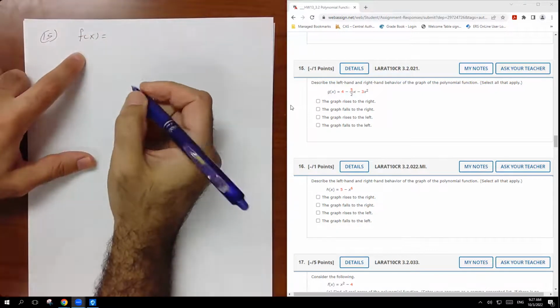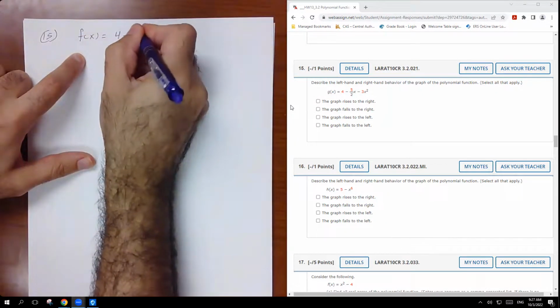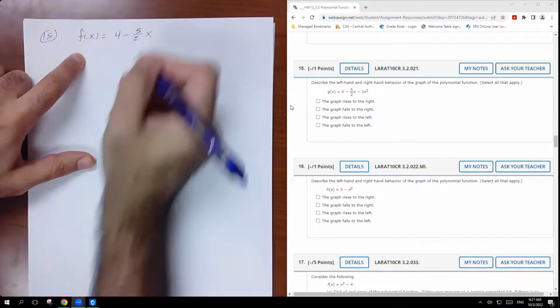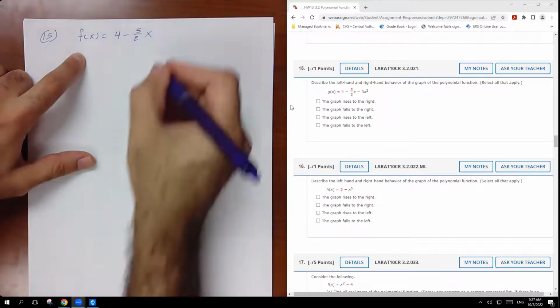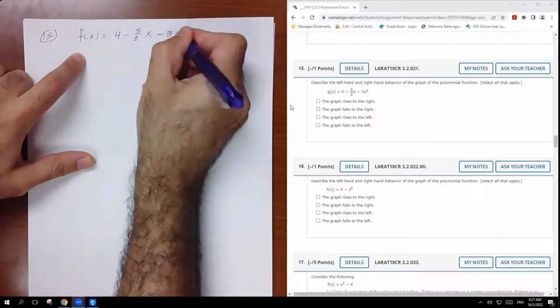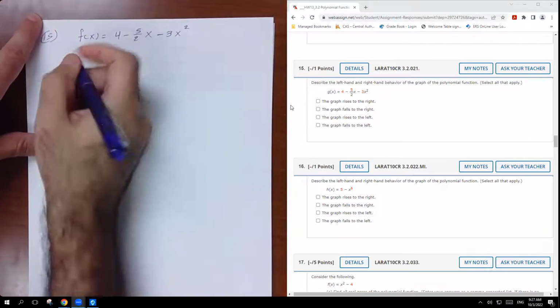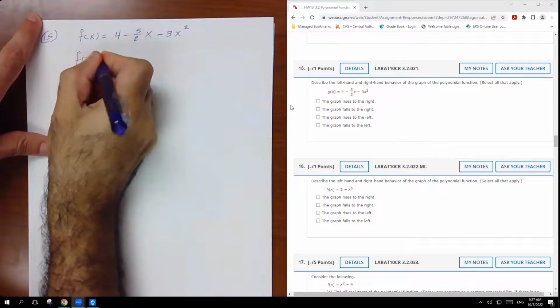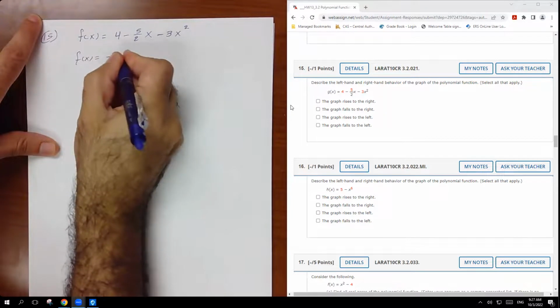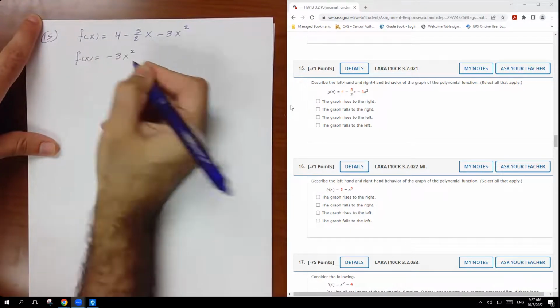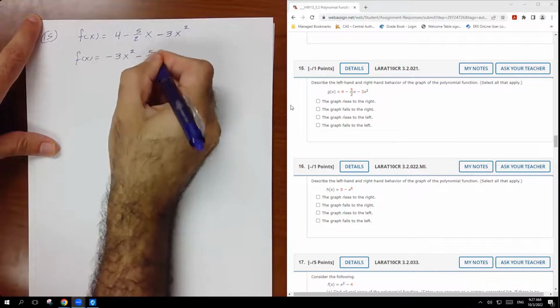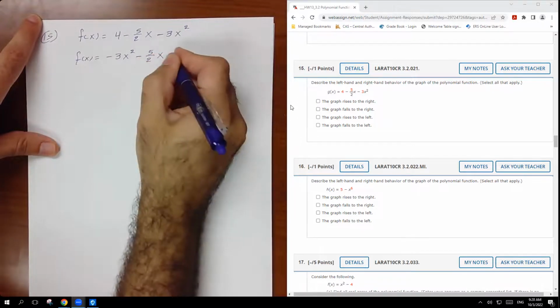So it's 4 minus 5/2x minus 3x squared. I'm going to say the function in standard form is negative 3x squared minus 5/2x plus 4.